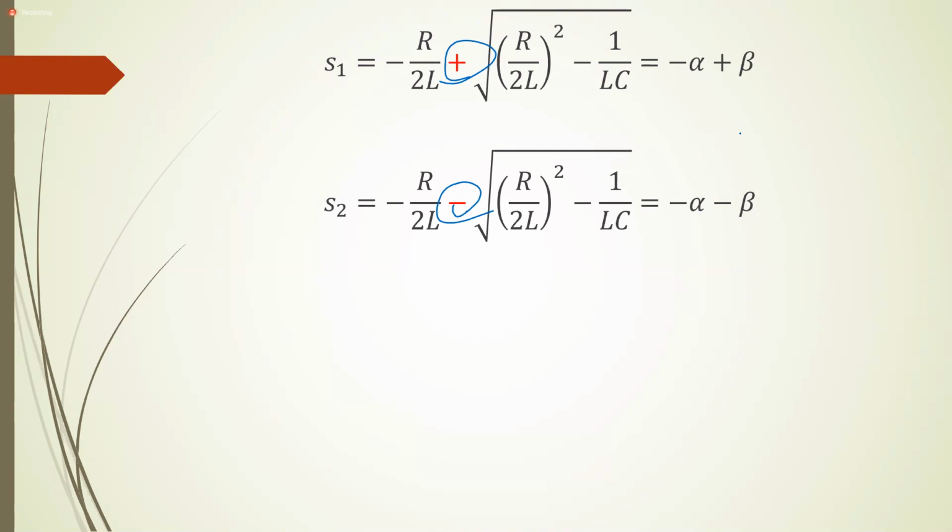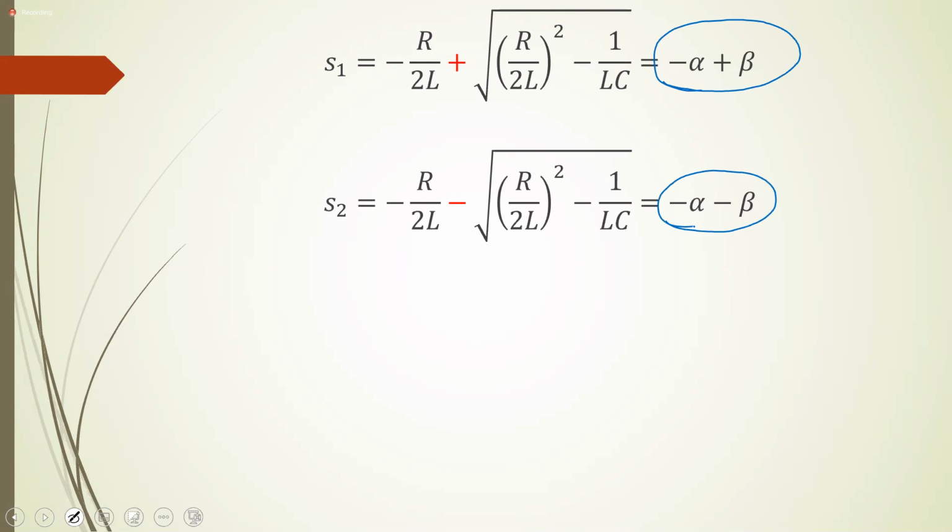All right, so for each of these roots, what I have is that they're in the form minus alpha plus beta and minus alpha minus beta.